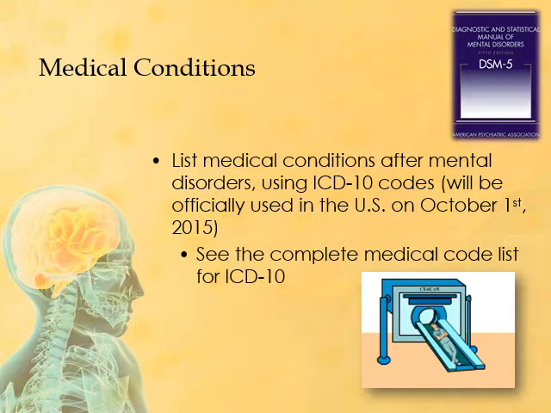If you are watching this lecture and you are preparing to work with clients, or working with clients currently, and using ICD-10, then you will need to also understand those codes, which are two separate coding structures, and I'll show you them in a moment. The complete medical code list for ICD-10 is included, and you will see that in one of the future courses that you're going to be reading up for.